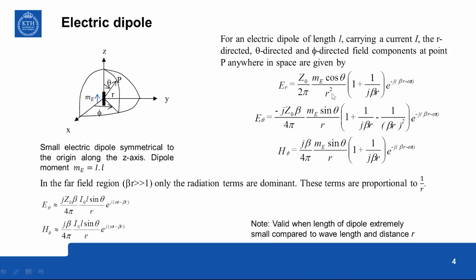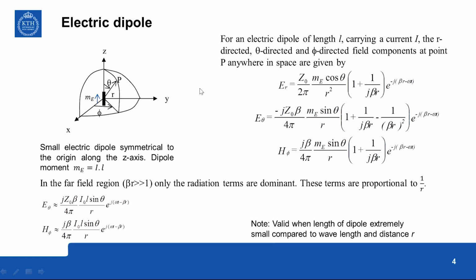Now it can vary as 1 over r squared or 1 over r cubed, or if it is the theta component, it can vary as inversely proportional to r, or inversely proportional to r squared or r cubed. So here you can see that it can vary as 1 over r or 1 over r squared.